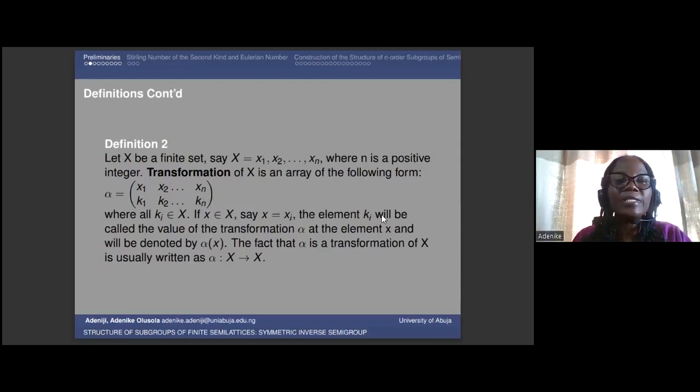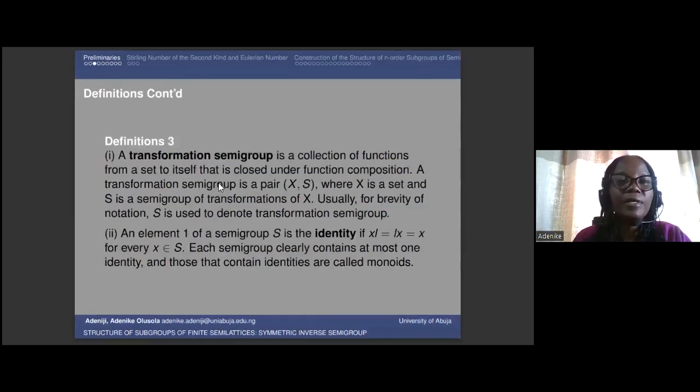So the element ki is called the value of the transformation alpha at the element x. And the usual notation is, if I want to talk about the value of x1, I use alpha x1 is equal to k1. And that is as well known as the image. That is, the image of x1 is k1, the image of x2 is k2, and so on like that.